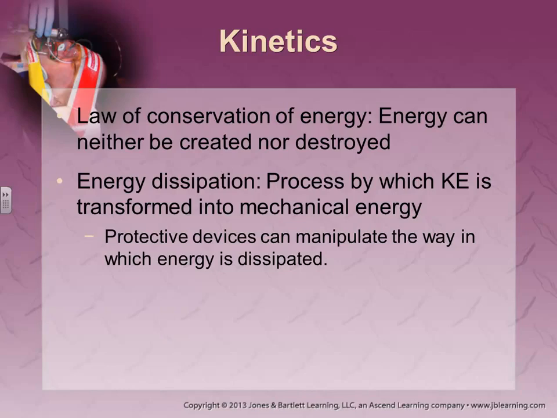So, our law of conservation of energy. We just talked about this. Energy can neither be created nor destroyed. Energy dissipation is a process in which the kinetic energy is transformed into mechanical energy. You've got certain protective devices that can manipulate the way the energy is dissipated. What are some of the protective devices on vehicles?